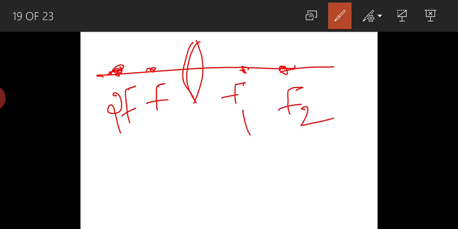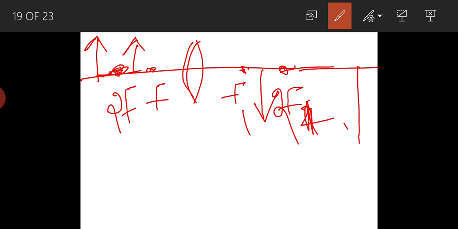Now when we place the object beyond the center of curvature, then the image will form between f1 and 2f1. Whereas when we place the object between f and 2f, the image will form beyond 2f1. Whereas when we place the object at focus, the image will form at infinity.